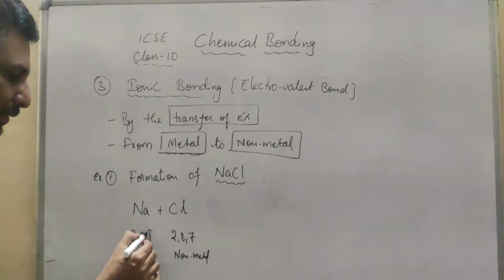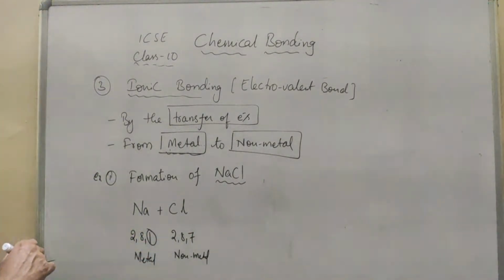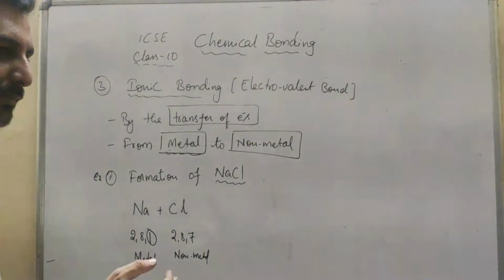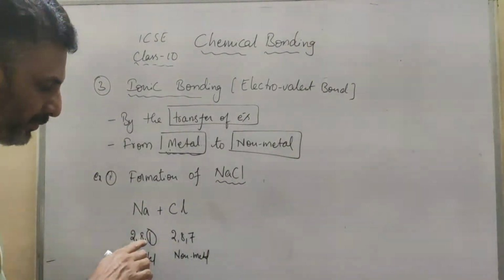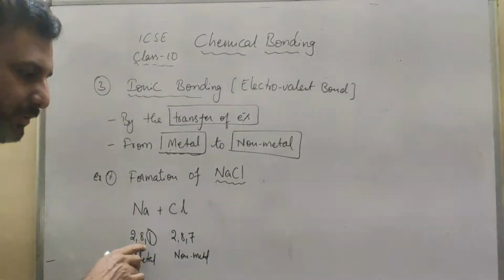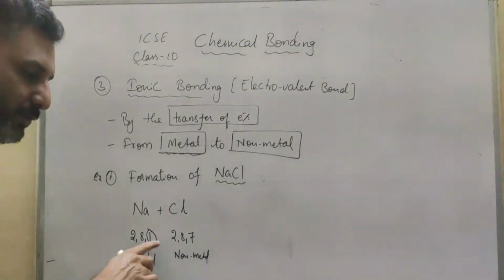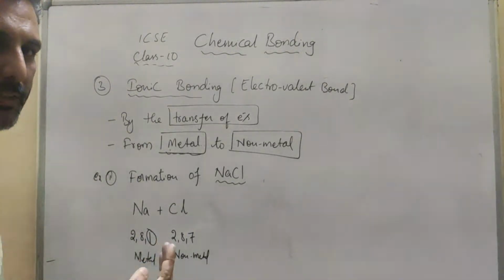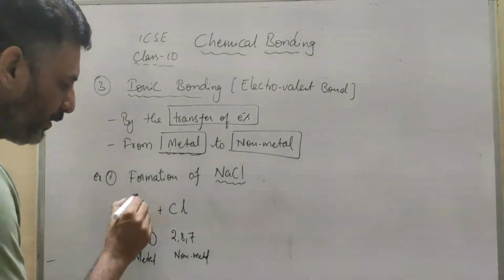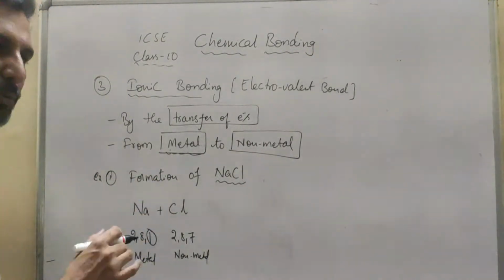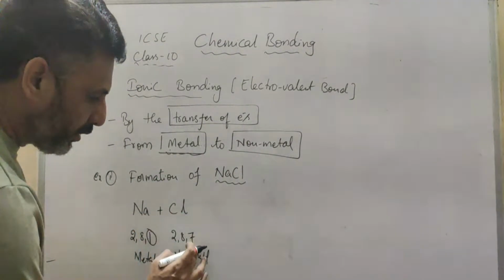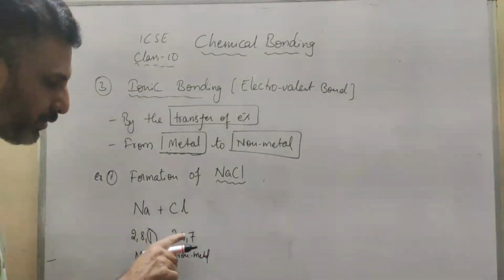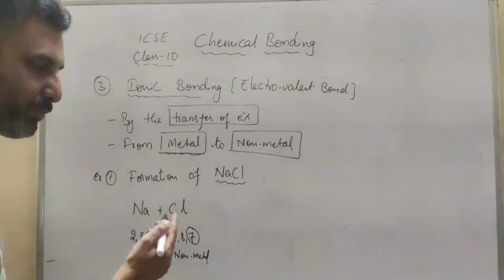Sodium has one valence electron. For stability, it should have 8 electrons in the valence shell. So either it has to gain 7 electrons or it may lose 1 electron. Losing 1 electron is easier for sodium, so sodium is ready to lose an electron. At the same time, chlorine requires 1 more electron, so chlorine is ready to take this 1 electron.